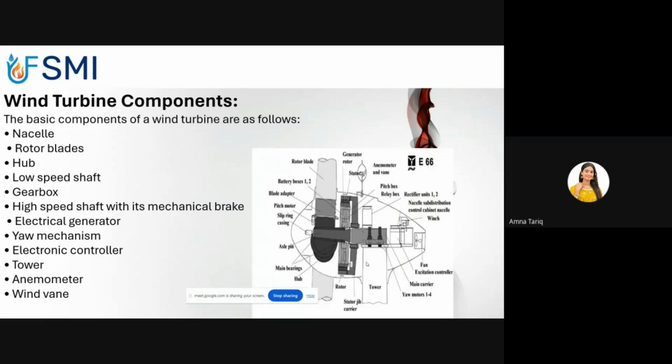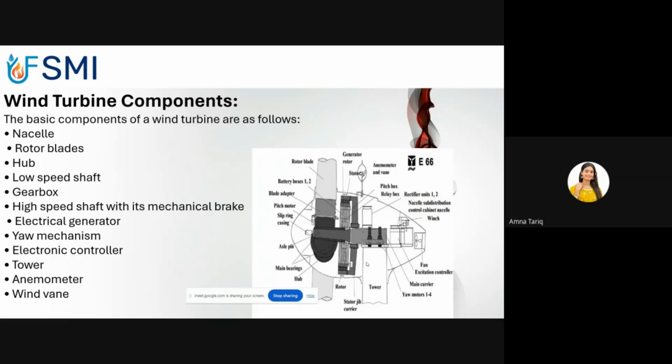Next, very important for the design of a wind turbine: the wind turbine components. In the diagram, the components shown are the nacelle, rotor blades, hub, low-speed shaft, gearbox, high-speed shaft with its mechanical brake, electrical generator, yaw mechanism, electronic controller, tower, anemometer, and wind vane. These are very important components for the construction of the wind turbine.